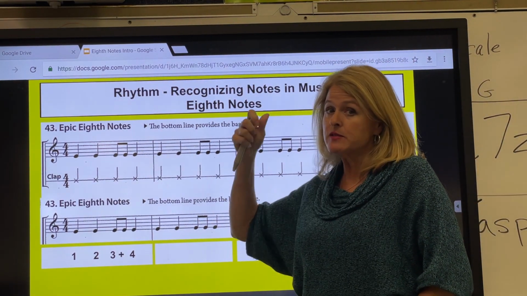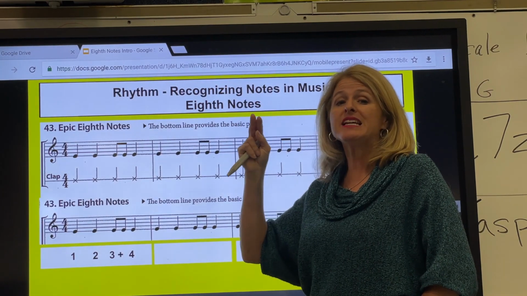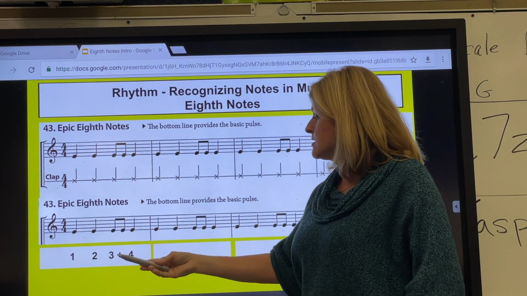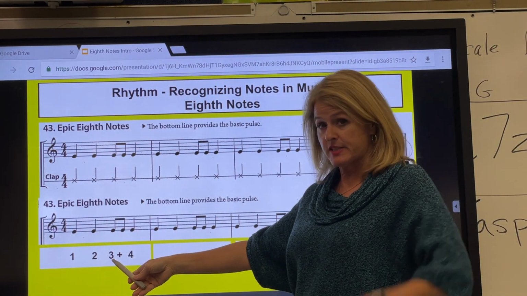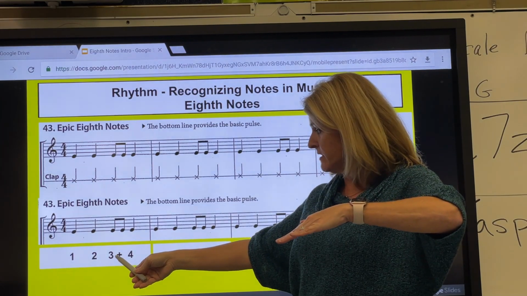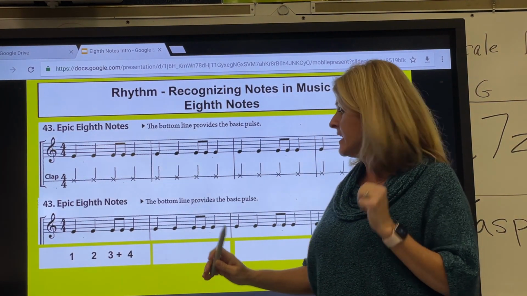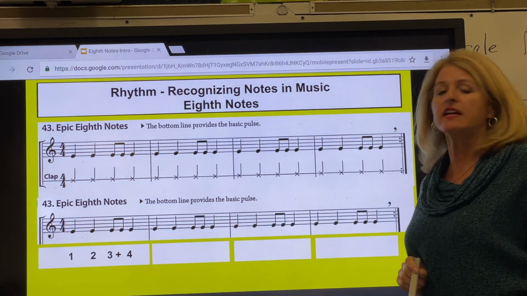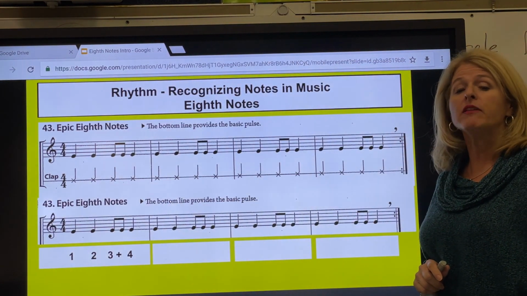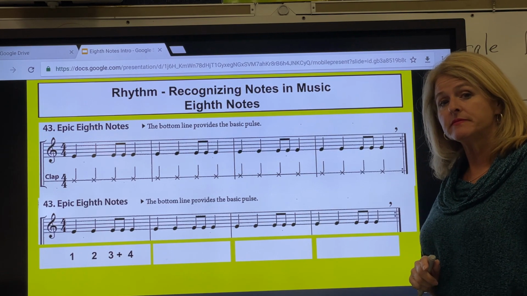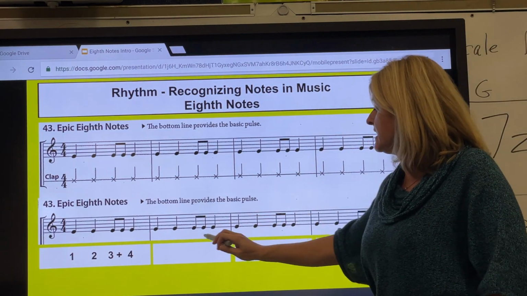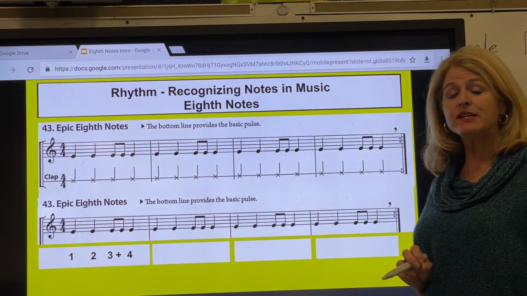I know they're eighth notes, black, stem, and they're beamed together. That's 2 eighth notes. So when your foot goes down, we say the number, which is 3, so write a 3, and anytime your foot's up, that's going to be and. So do that plus sign, and then our last quarter note will get all of beat 4. So I would like for you to pause the video here and to finish writing the counts in for the next 3 measures.